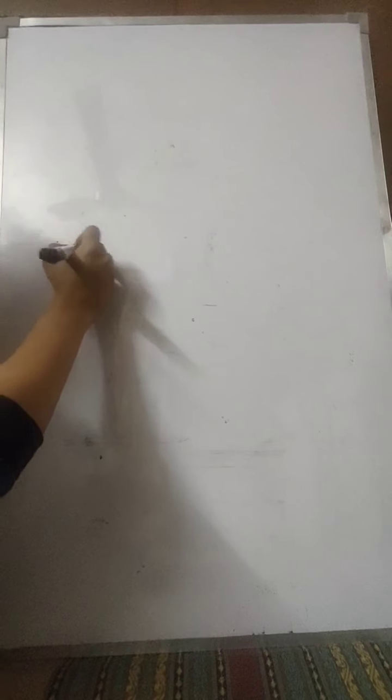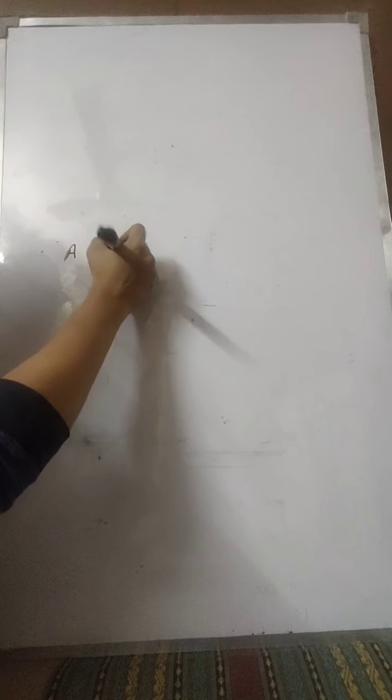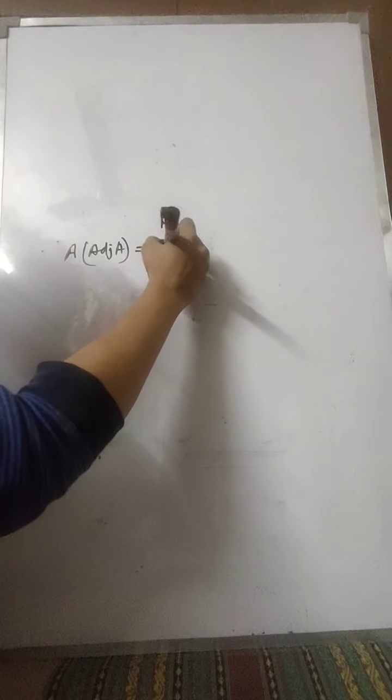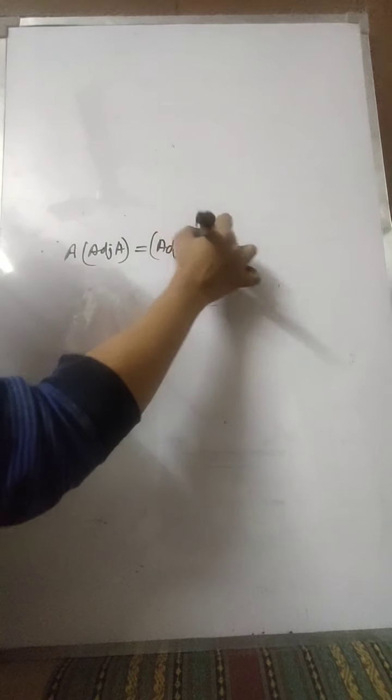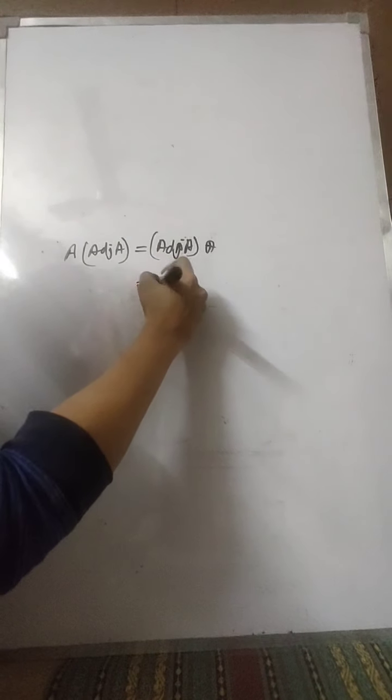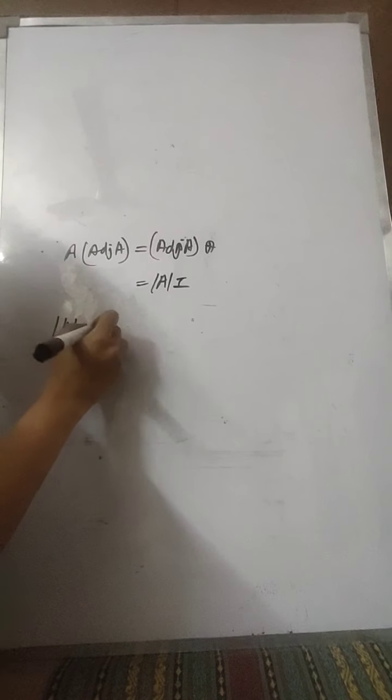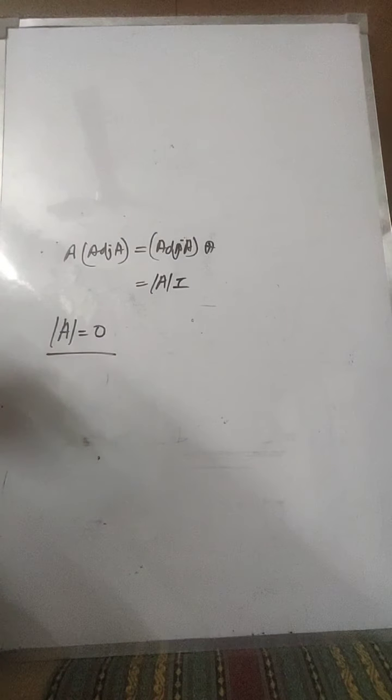Now that's all. Now we'll do some properties of adjoint A. Just remember, A multiplied by adjoint A is equal to adjoint A multiplied by A, which will be equal to determinant of A into I. Another: if your determinant of A is 0, that matrix will be a singular matrix.